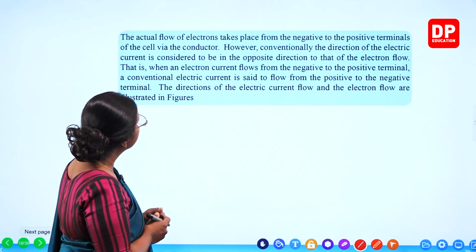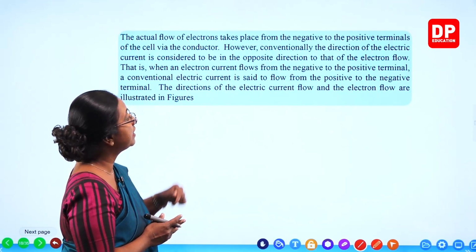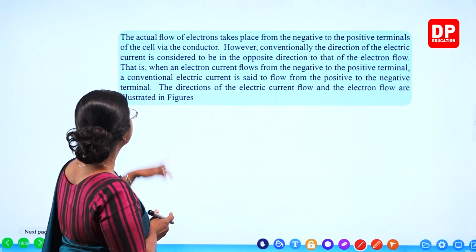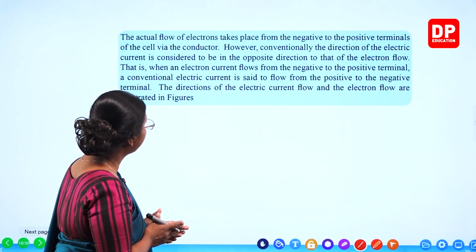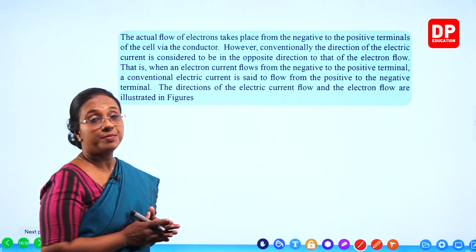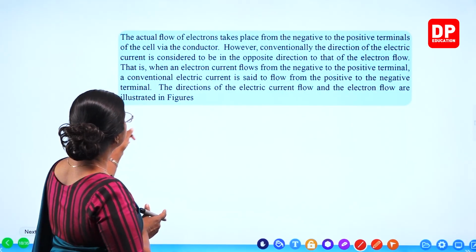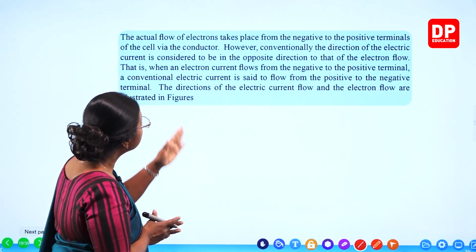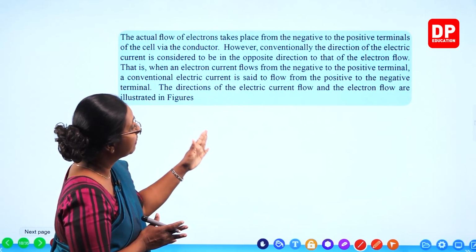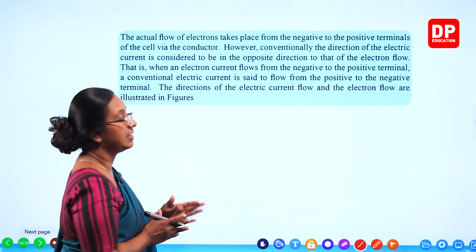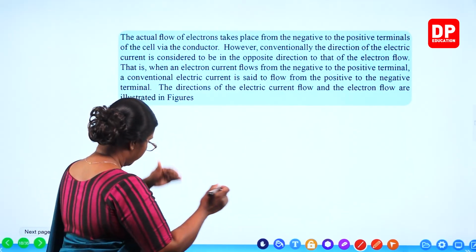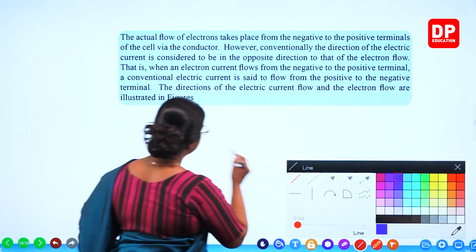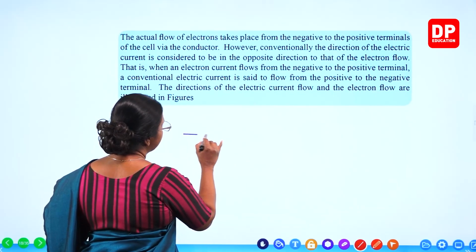That is, when an electron current flows from the negative to the positive terminal, a conventional electric current is said to flow from the positive to the negative terminal. The directions of the electric current flow and the electron flow are illustrated in the figures. So there is a figure drawn. At the same time, I will draw that here as well.